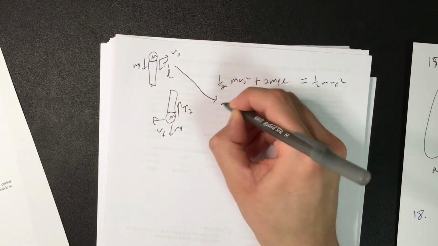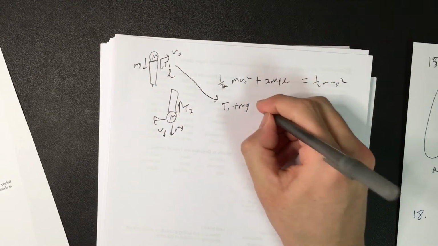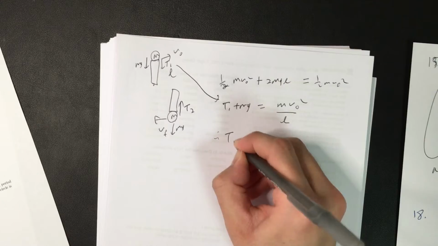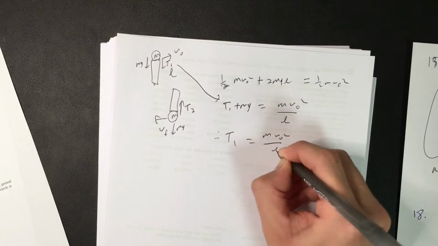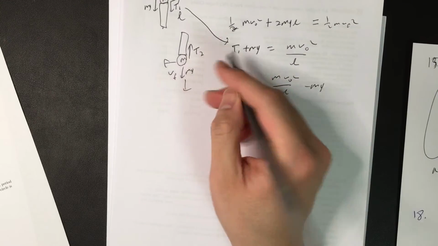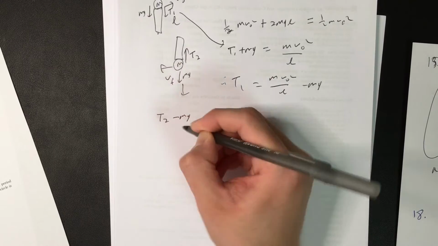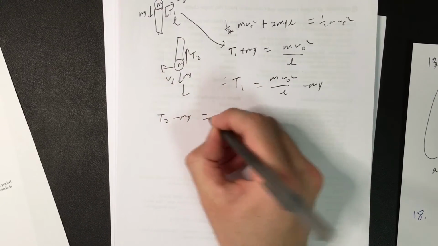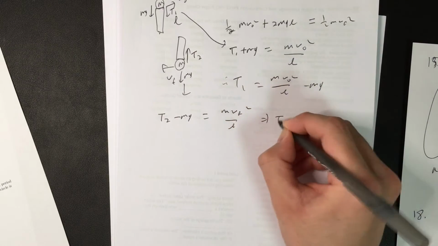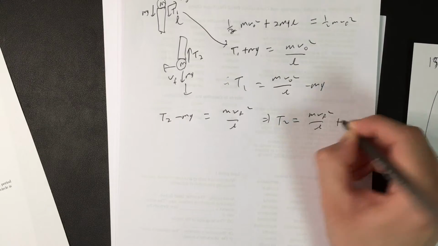So from here, T1 plus mg, which is the net force along the radial direction, equals m v naught squared over L. Therefore, T1 equals m v naught squared over L minus mg. Similarly for the other case, since these two forces are opposing each other, T2 minus mg is the net force along the radial direction, which equals m v final squared divided by L. So T2 equals m v final squared over L plus mg.